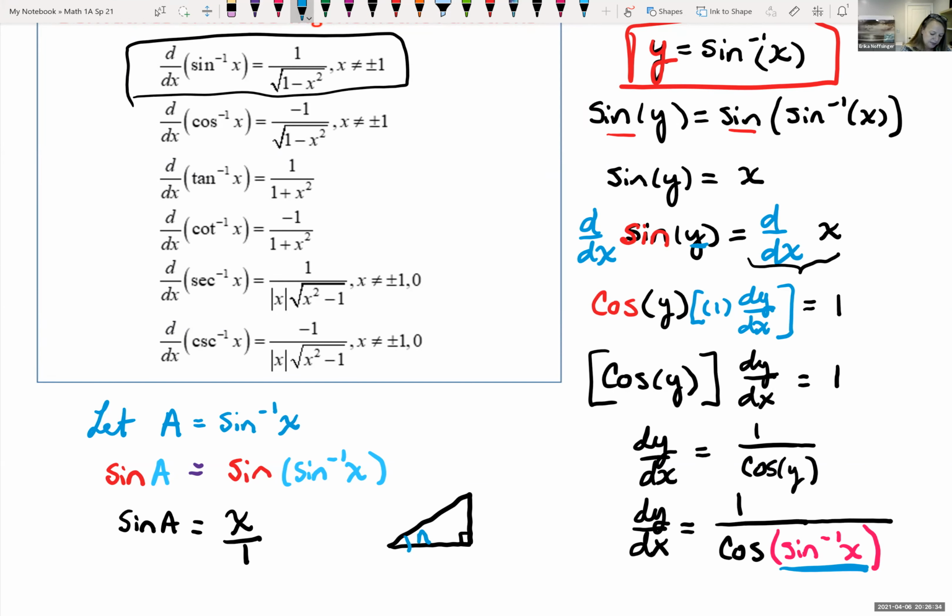So let's choose this to be A. So from there, our ratio of sine, remember sine was opposite over hypotenuse. So what's my opposite of A?